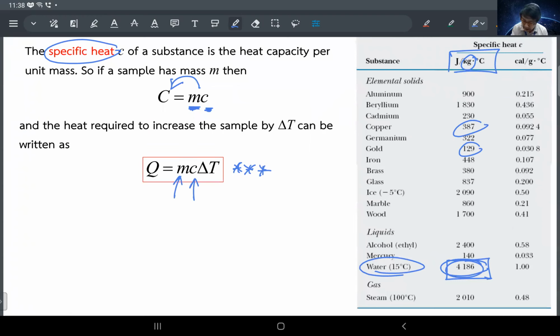Glass is somewhere in between. But no matter what you look at here, even wood, alcohol, nothing is big compared to water. So that's why water is a pretty big heat capacity substance. I hope this is clear from the table that water is good stuff. Good to have.